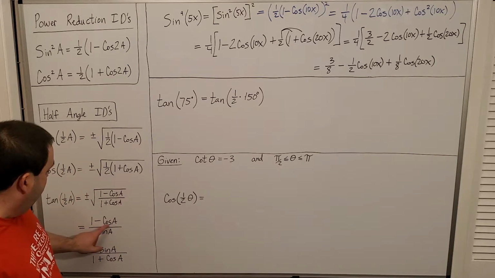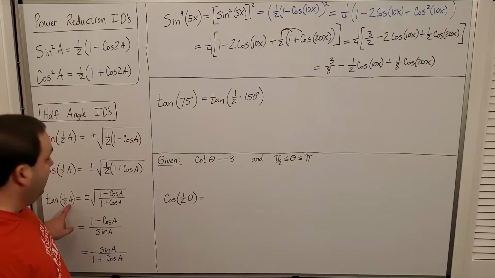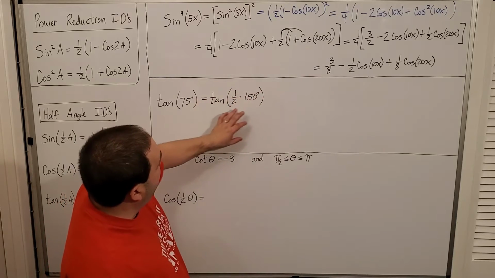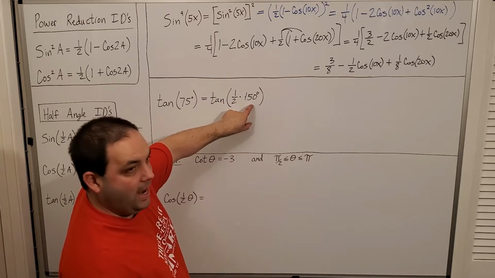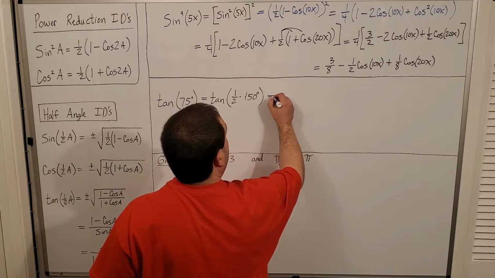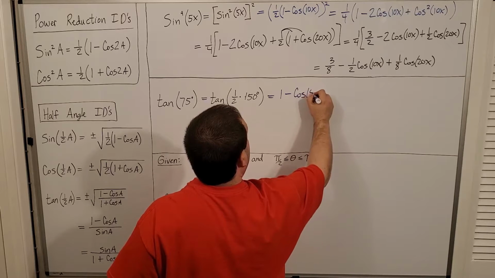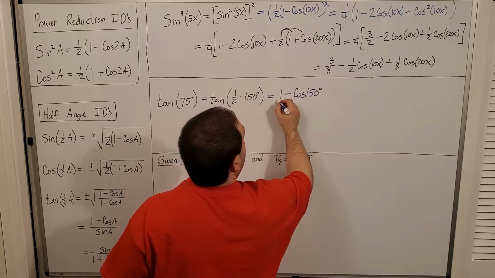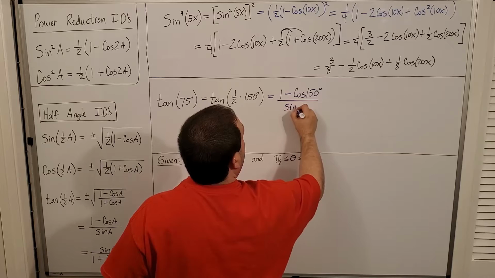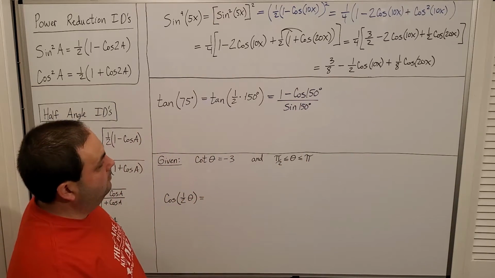I do 1 minus the cosine of that angle over the sine of the angle that's in the 1/2. And that's why I rewrite this, so that I can actually see what my A is here. Here it's going to be 150. Okay, so then this becomes 1 minus the cosine of 150 degrees divided by the sine of 150 degrees.